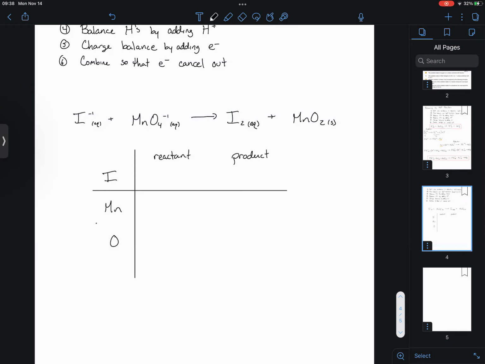All right, so I want everybody to take a minute and, given this chemical equation, albeit unbalanced, I want you to go through and fill out this oxidation table here.